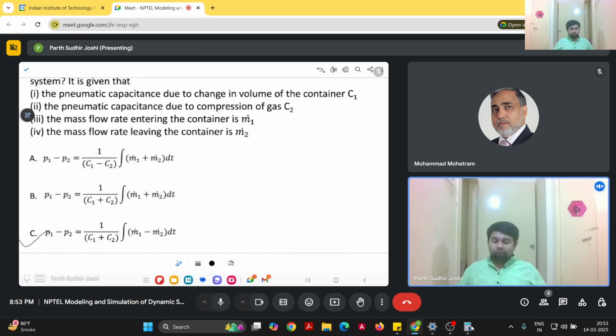Because the fluid is also compressible, that will also contribute to the capacitance. And it is proportional to the difference between the mass flow rates, M1 dot minus M2 dot, integration of that. So that's the correct option C.